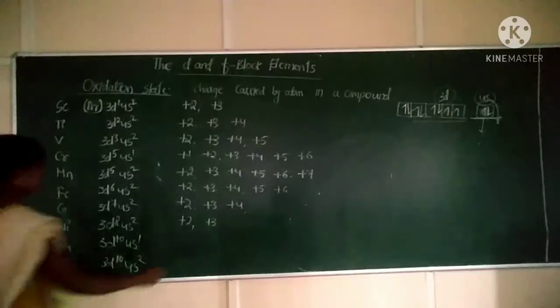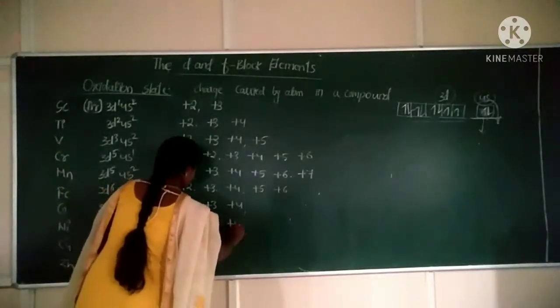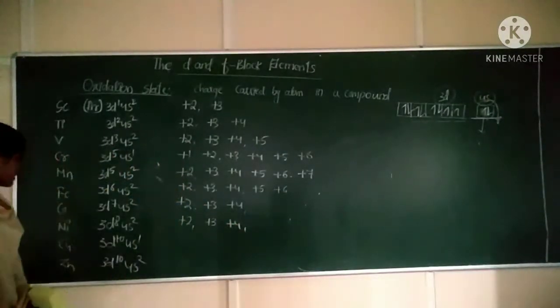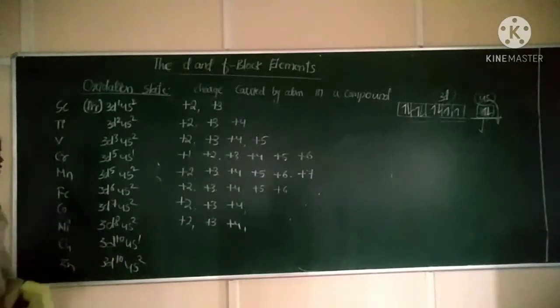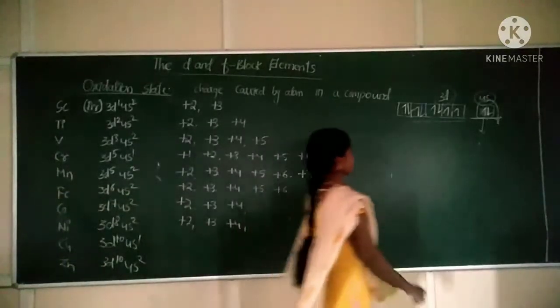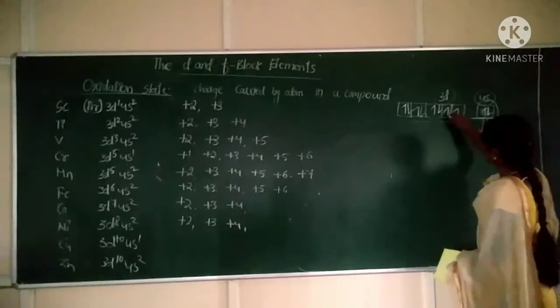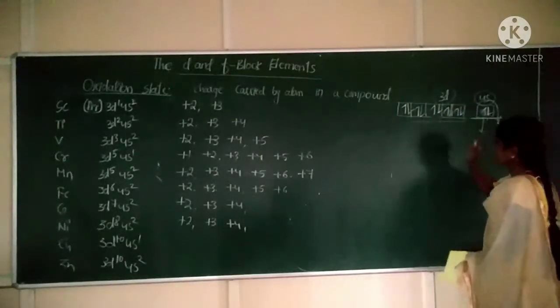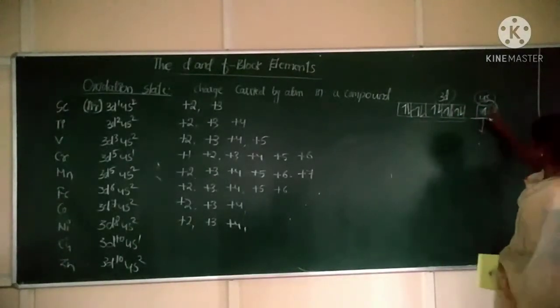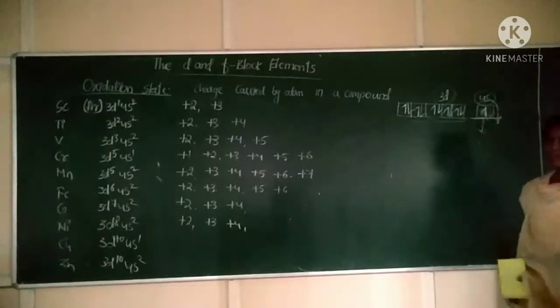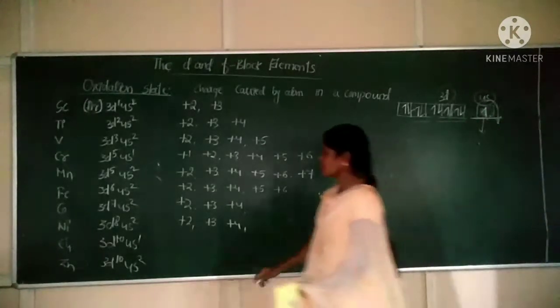Next, even you can write a +4 oxidation state. Next, copper, 3d10 4s1. So d10 electrons are there, right? And 4s1. Now at this time it can lose 1 electron.